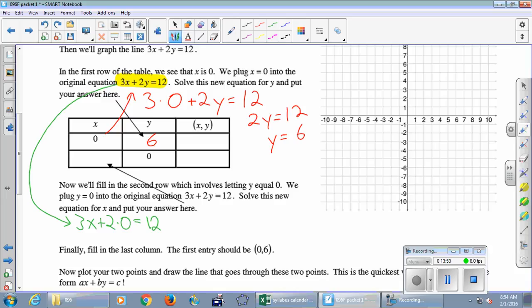And then we'll do just a little bit of work to solve for x. So this becomes 3x, 2 times 0 is 0. Not even going to bother writing it. It's just 3x equals 12. Divide by 3, we get x equals 4. Any questions on that? Go ahead and put the 4 in the table.